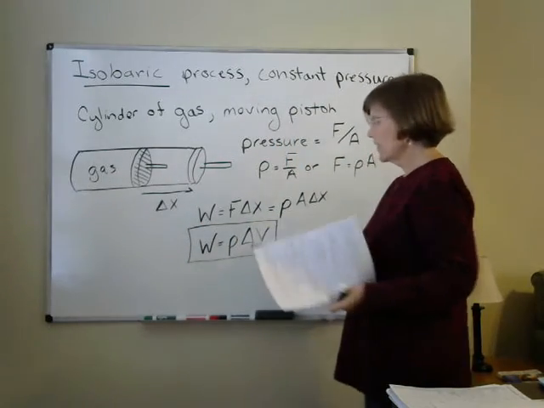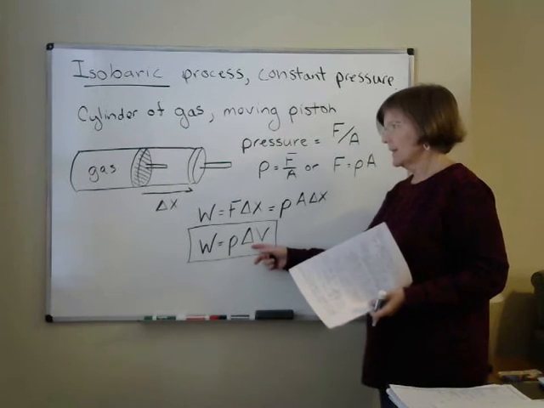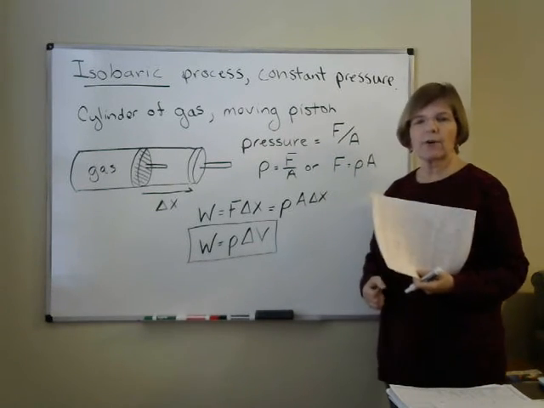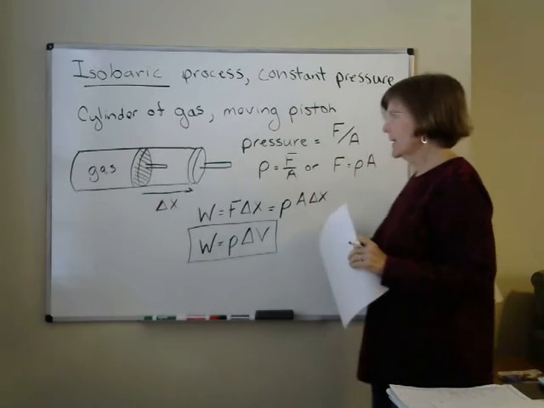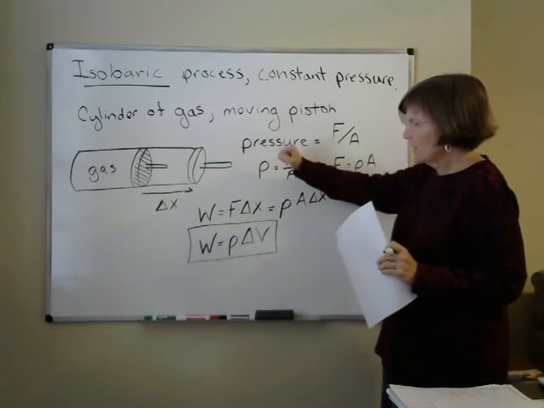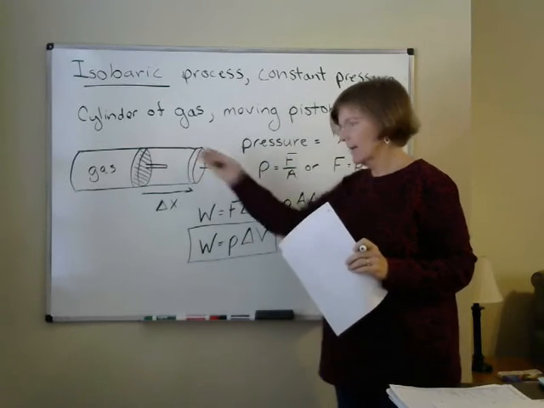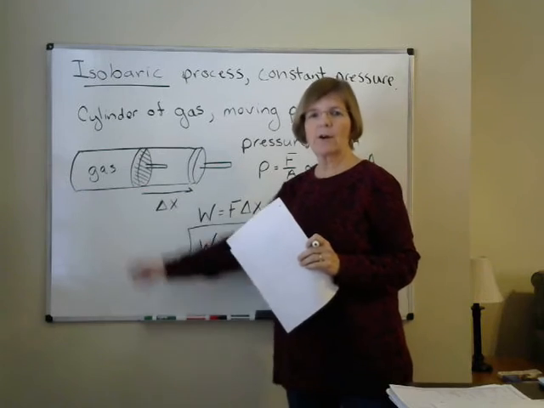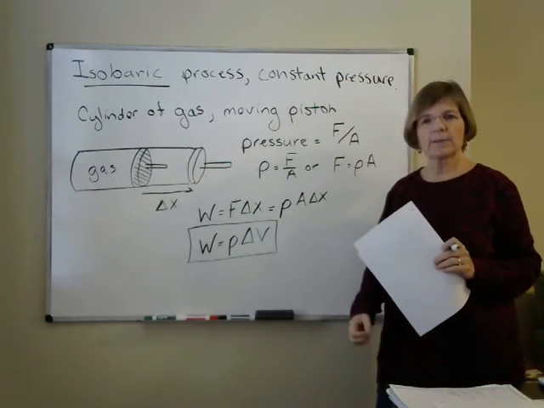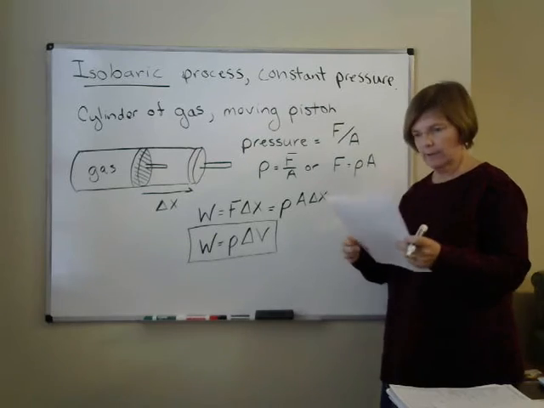If this change in volume is positive, in other words, the volume increases, then the gas did positive work. The gas pushed against it and expanded its environment. If we go the other way and we push against this piston and we compress the gas, that means the volume gets smaller and we would be doing work on the gas. Work would come out to be negative. But this is a really easy formula for work.